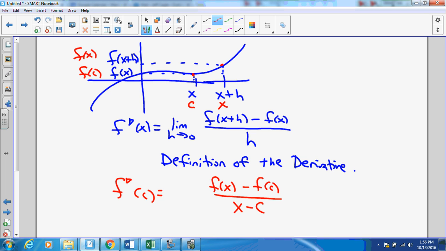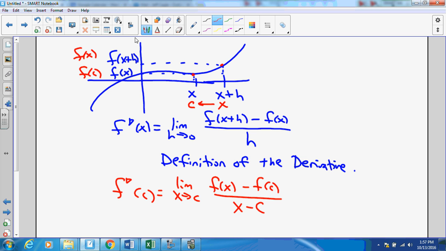Now, this is the average rate of change. We need to make it instantaneous by taking the limit. And in particular, we need to make this denominator go to 0. And the way to make the denominator go to 0 is to have x approach c, just like that. So we're going to take the limit as x goes to c of our difference quotient.